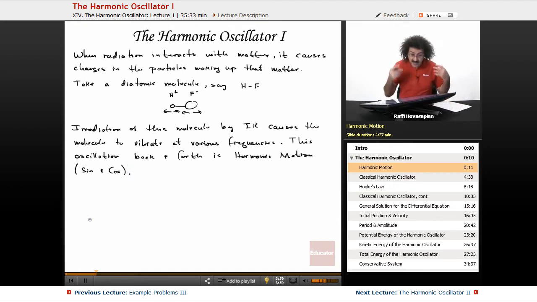Now, we want to examine this harmonic behavior, and we want to examine the quantum mechanical harmonic oscillator. But we're going to begin with the classical harmonic oscillator and then move on to the quantum mechanical one.